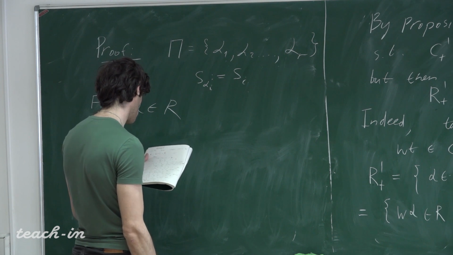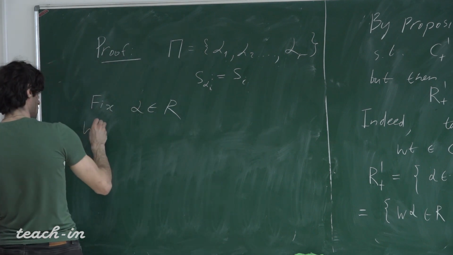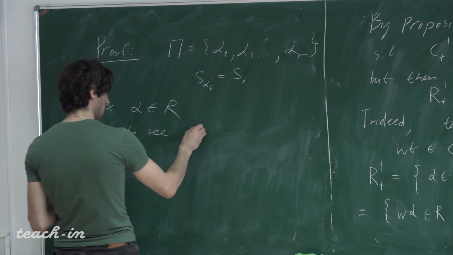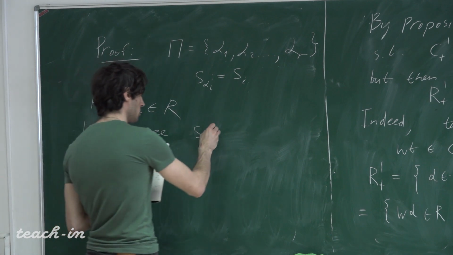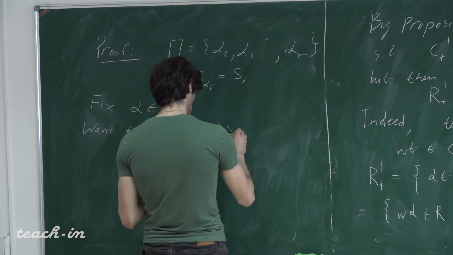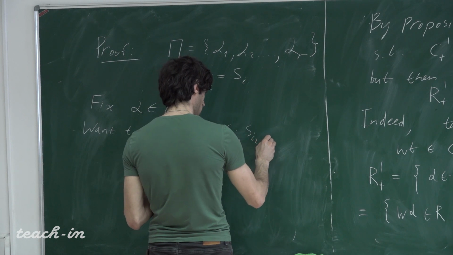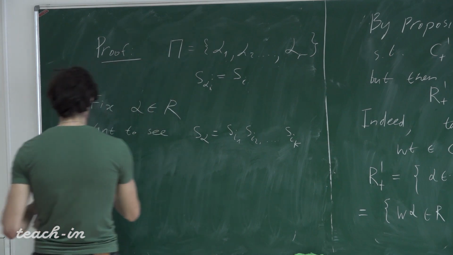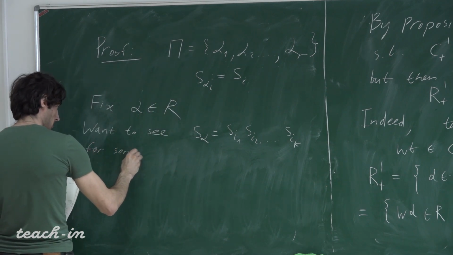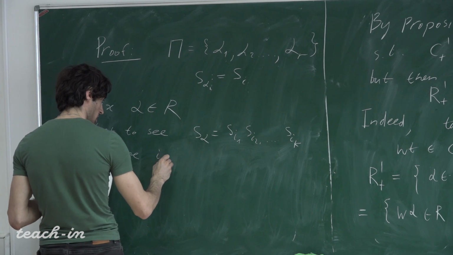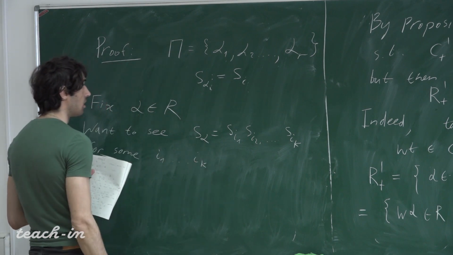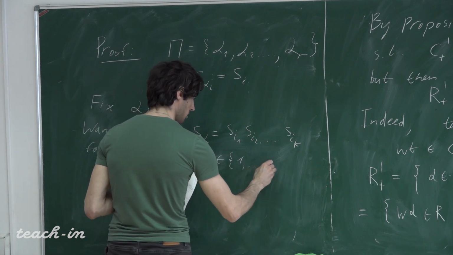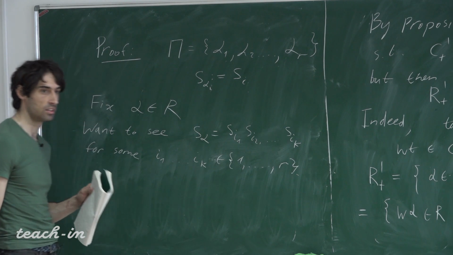We want to see that s_alpha is s_{i1}, s_{i2}, and so on, s_{ik} for some integers i1, ..., ik from the set 1 all the way to r, right?